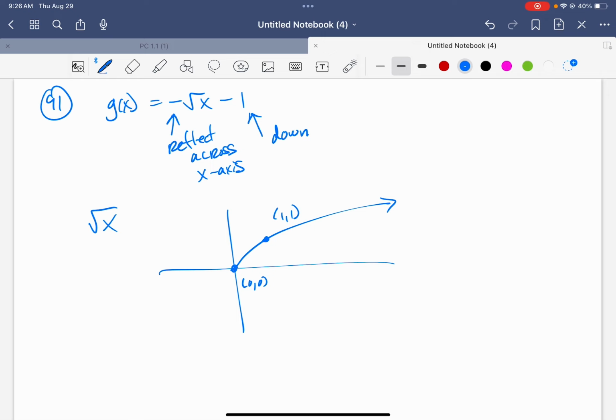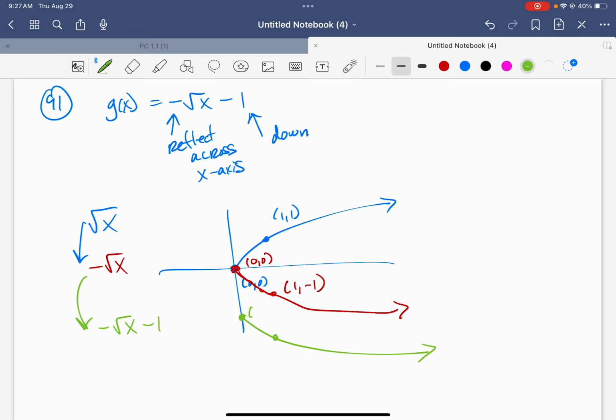Then when I change it into negative the square root of x, it just reflects down here like so. And now I have the point 0, 0, and 1, negative 1. And then when I move it down to negative square root of x minus 1, then this and this just move down 1. And I'm now at the point 0, negative 1, and 1, negative 2.